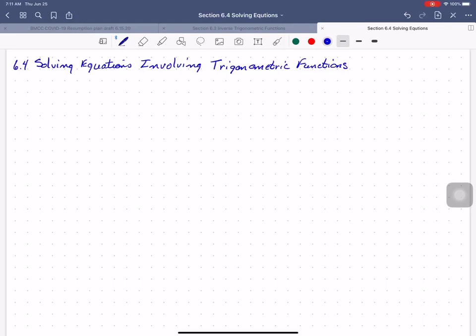Hopefully this will help illuminate things. So let's solve the equation sine t equals 1/2, but I want to know all the possible solutions.